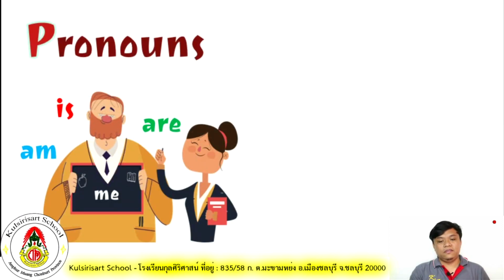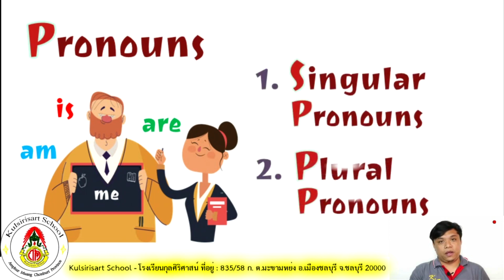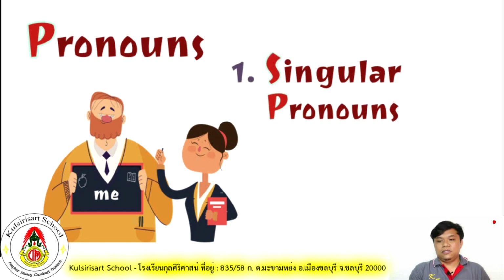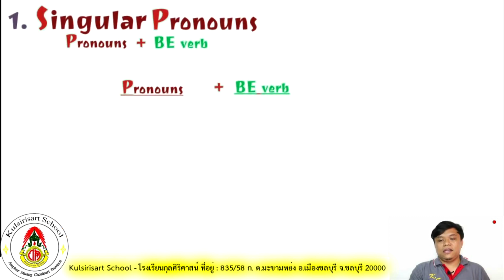So in pronouns, we use is, am, are for singular pronouns and plural pronouns. So what are the singular pronouns again? Can you remember from our previous lessons? We have verbs to be: is, am, are. Are can be singular too. For singular pronouns, pronouns plus the be verbs, we have he, she, and it.